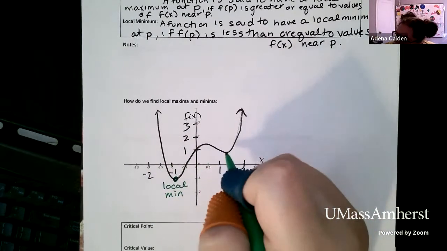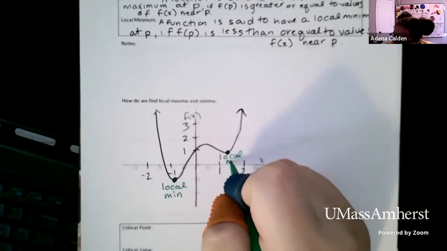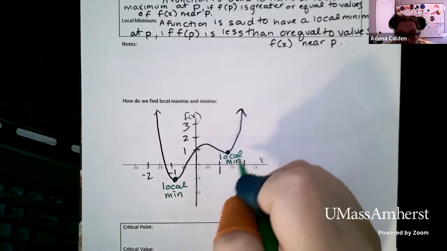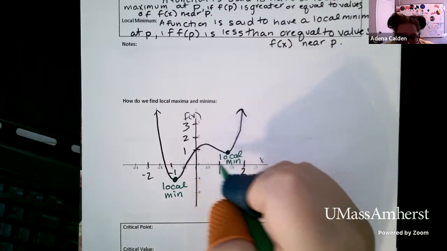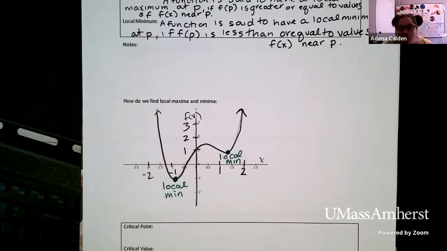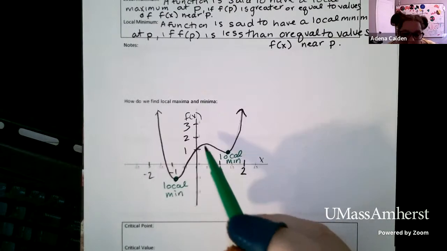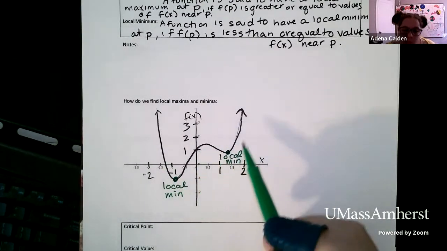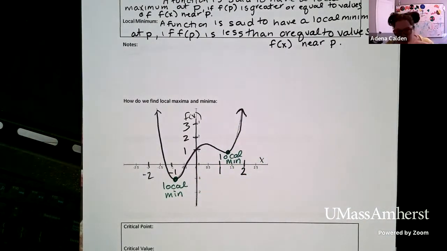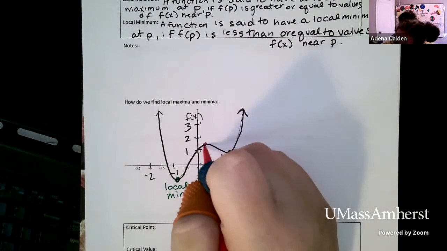Okay, this right here is also a local minimum because in this area, it's also the lowest value for a sort of chunk of f of x. And so what I want to point out is that we have multiple local minimums. And this is going to happen whenever we're sort of at the bottom of one of these cups, like a U shape. And we're going to have local maximums whenever we're sort of at the top of a hill.